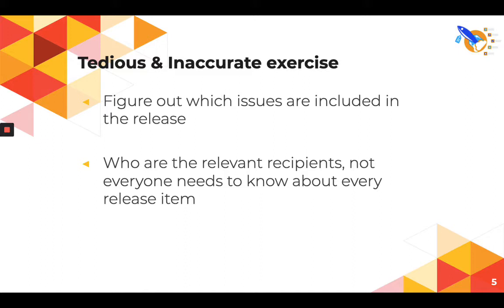Not every item in your release is going to make sense for every recipient. You don't want to convey technical changes within your product to customer end users, simply because it probably does not concern them.